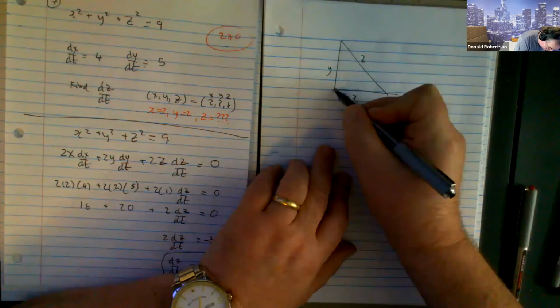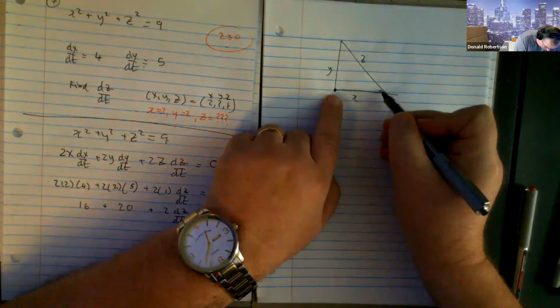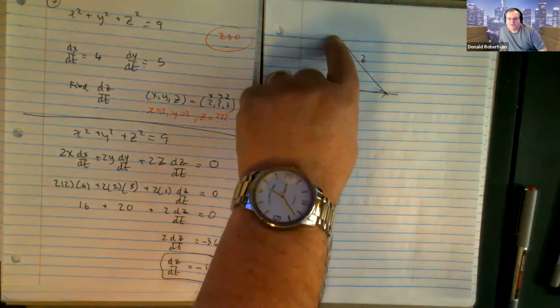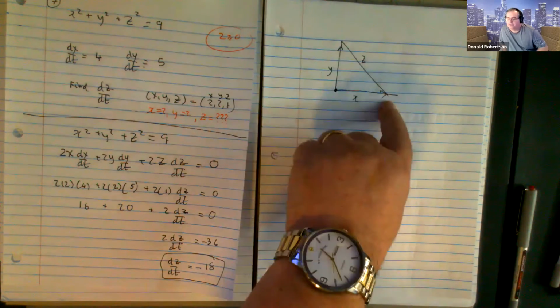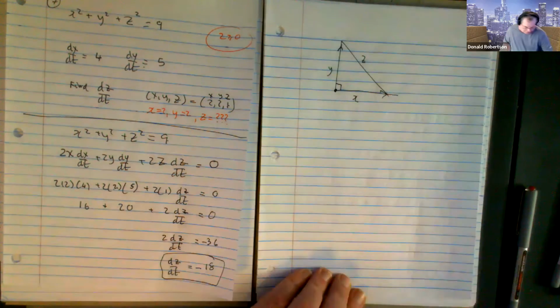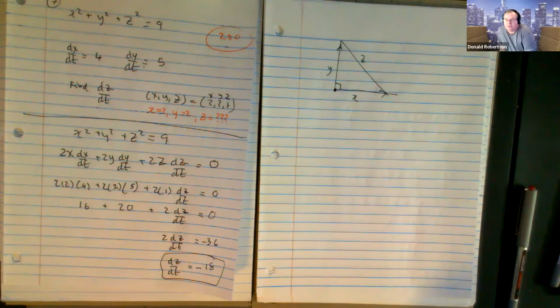Suppose we have a point and there's a ship going this way and a ship going that way. And Z is the difference between the two ships. What would the connecting formula between X, Y, and Z be in this picture?